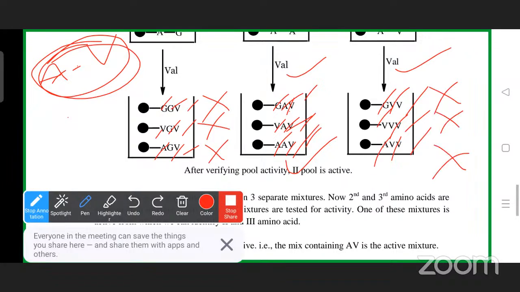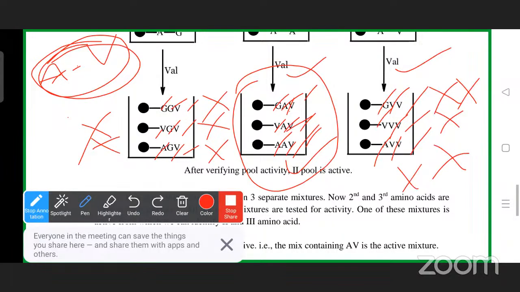So the first reaction vessel does not contain the active compound, and the third reaction vessel does not contain it either. The second reaction vessel contains the active compound's terminal amino acids. So these two reaction vessels can be removed.